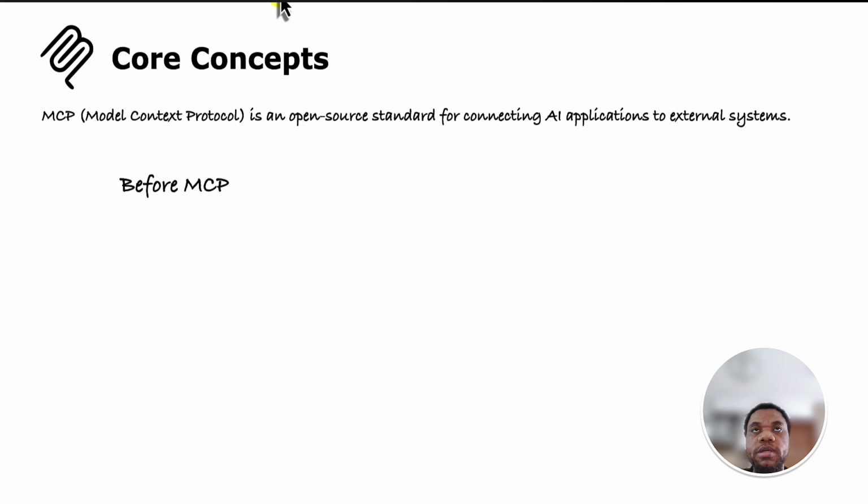Before MCP, if you wanted to build an extension, a plugin, or an AI application that takes advantage of any of the AI platforms that we have out there, let's say you want to build an application for ChatGPT, right? You would have to build custom to ChatGPT. So if you want to use that same application with Claude, you would have to either modify the implementation or write an adapter that would make that particular application work with Claude, right?